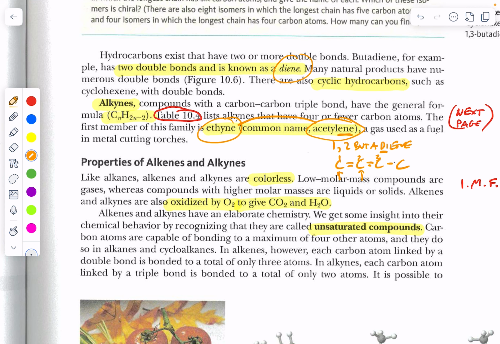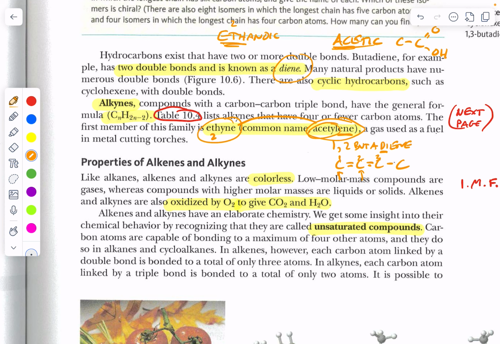Eth, of course, means 2. The old-fashioned name for having 2 carbons was acetyl. You might remember the name acetic acid. Acetic acid is a 2-carbon acid. Looks like this. Well, this is the old-fashioned name, acetic acid. We're going to learn later that the modern name is called ethanoic acid because eth is the modern prefix for 2 carbons.